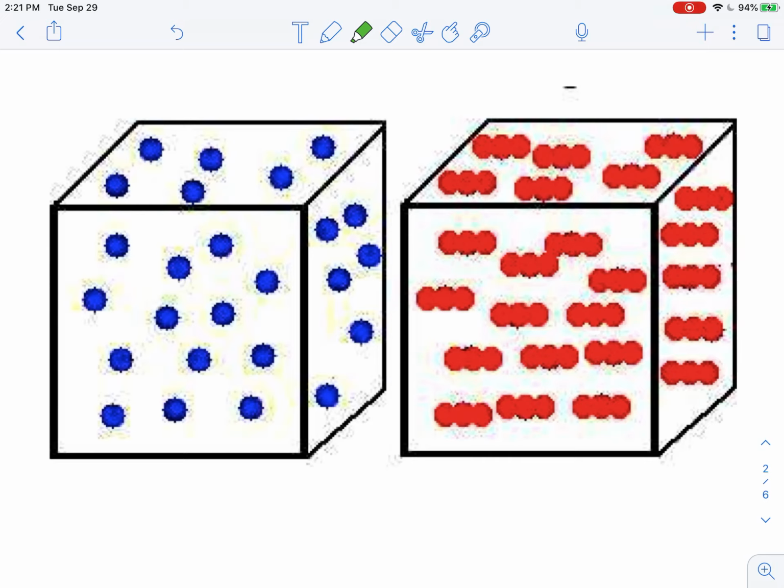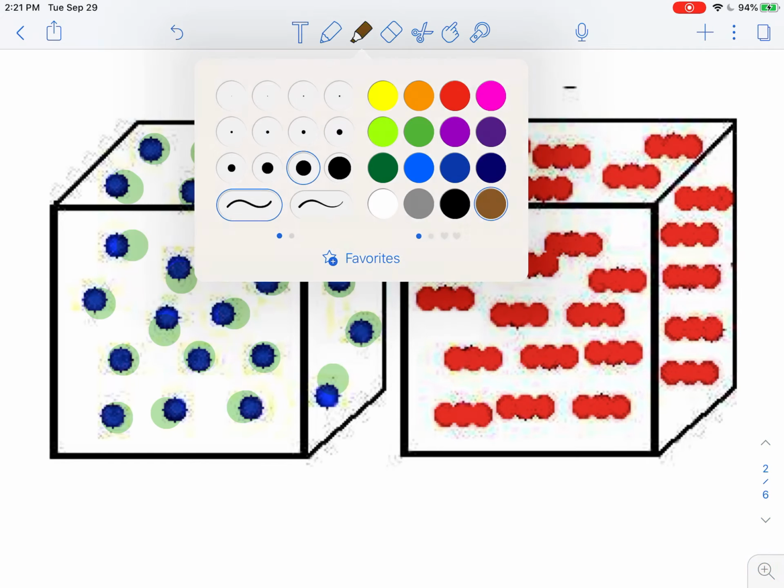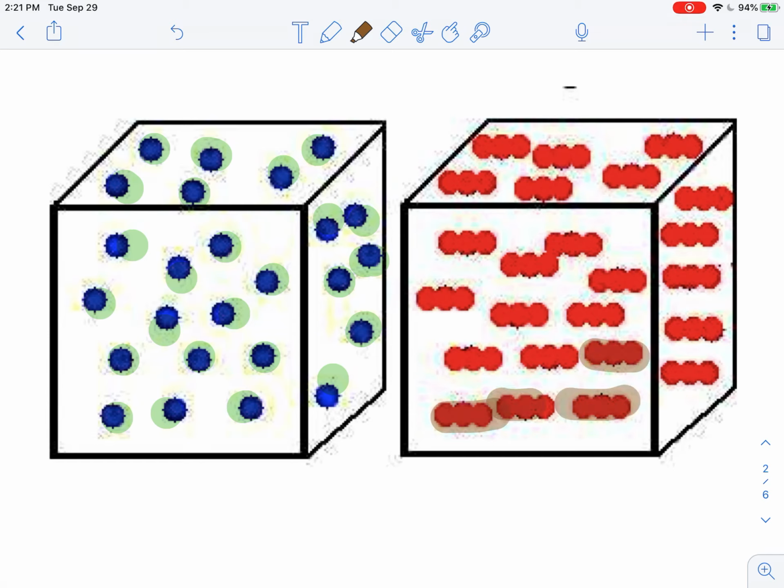So for example, in each of these cases, you can see that you've got something like helium, and helium is going to take up a certain amount of space or have a certain mass. But compare that to something like carbon dioxide, which is a bigger molecule in the same space.